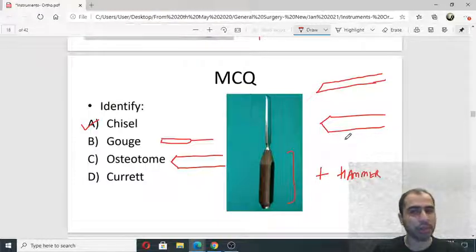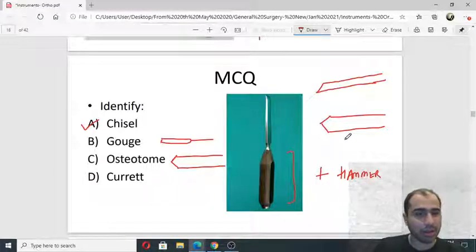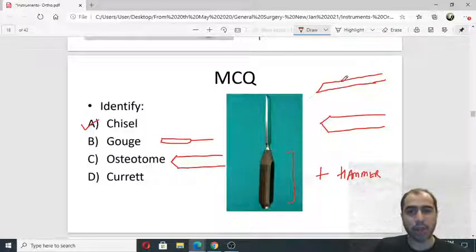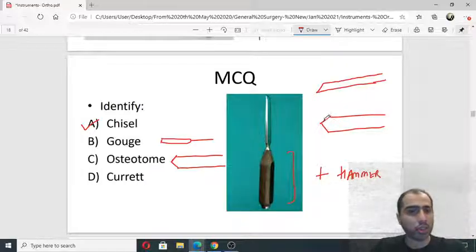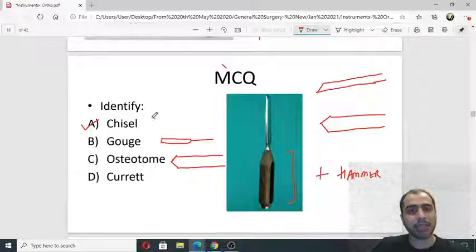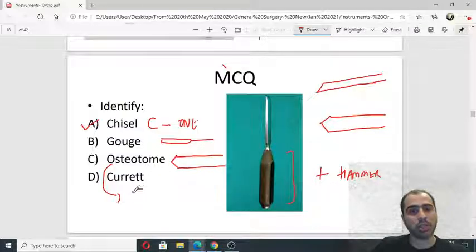Easy way to remember. Groove in gouge, to remove bone fragments. That's fine. Now, how do I know? Chisel has single bevel and osteotome is double bevel. How will you know? I'll tell you the trick. Chisel is C. Single C means one cutting. One side is cutting. Osteotome means O. You break the O into two C's like this.